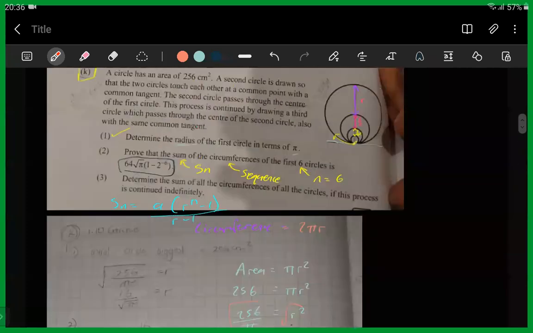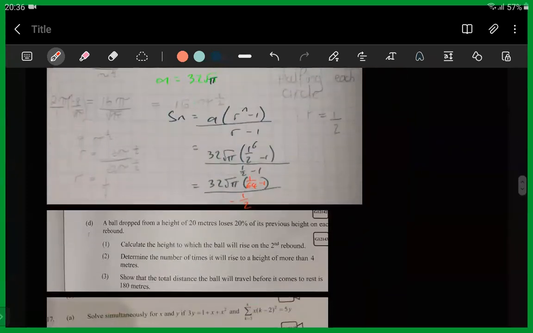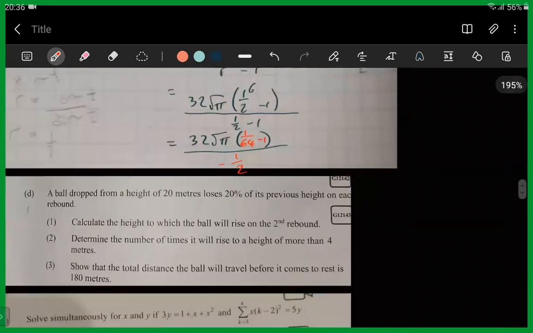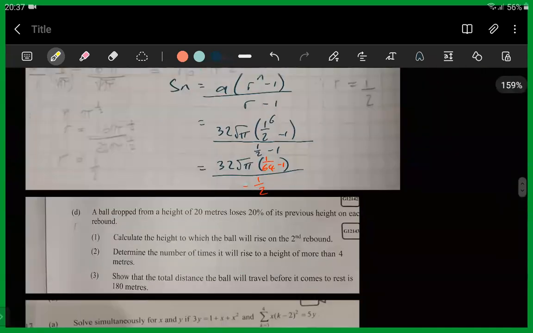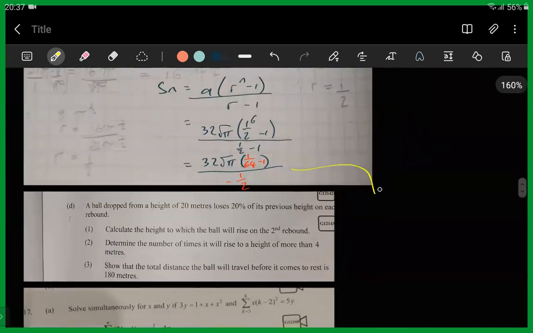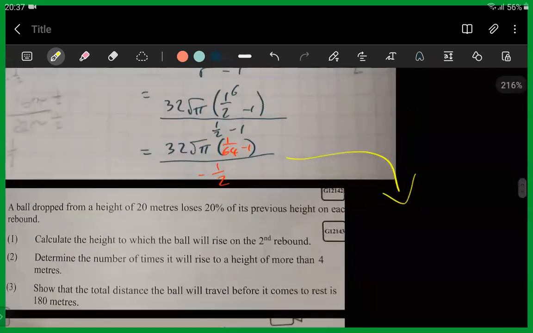What we can do is just try and see how far we can go. Fortunately here, you see 32 divided by negative a half. What does that give you in the calculator? It's going to give you a negative 64 actually. So we can carry on from there. This divided by the bottom is going to give you a negative 64.